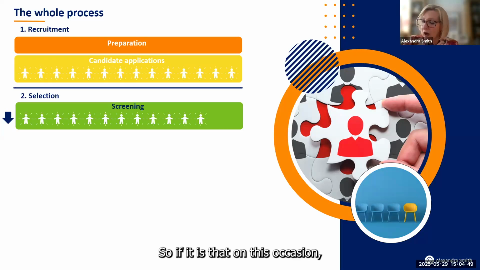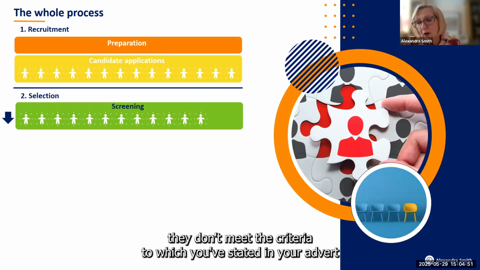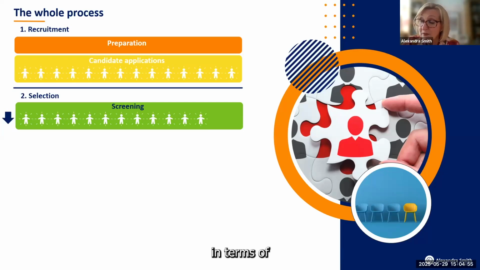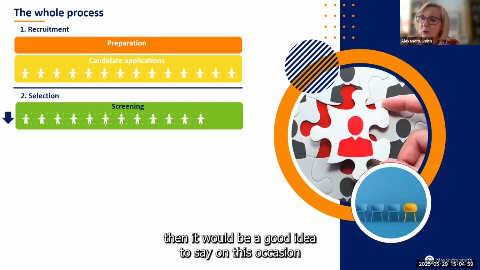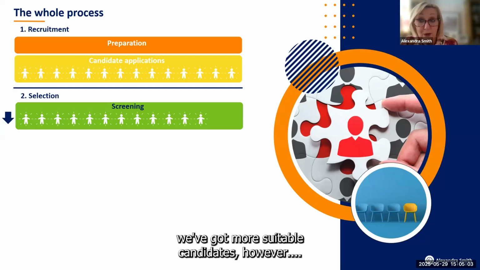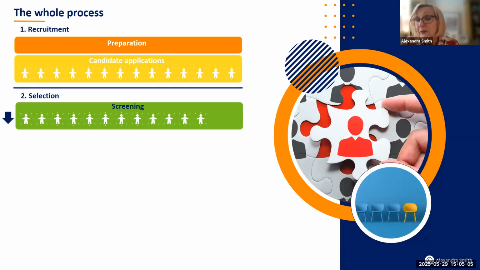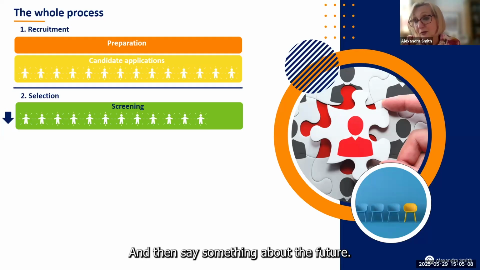So if on this occasion they don't meet the criteria which you stated in your advert in terms of the attainments and competencies, then it would be a good idea to say on this occasion we've got more suitable candidates. However, and then say something about the future.